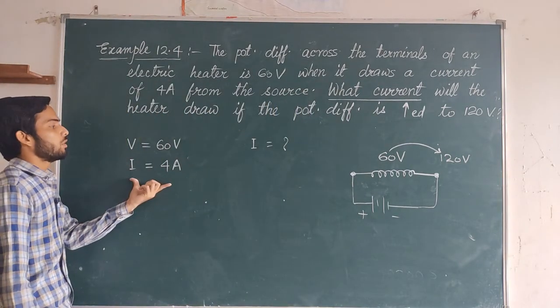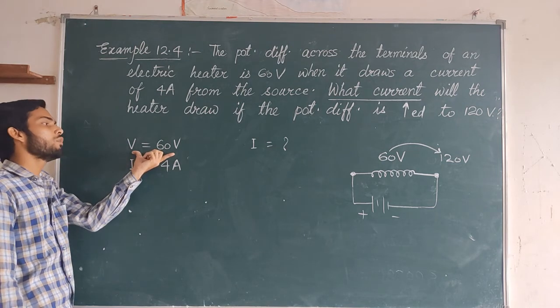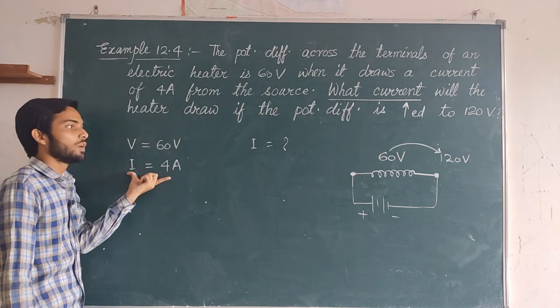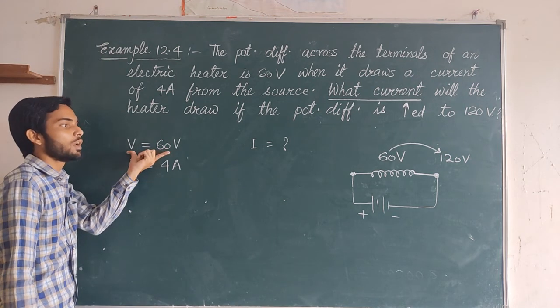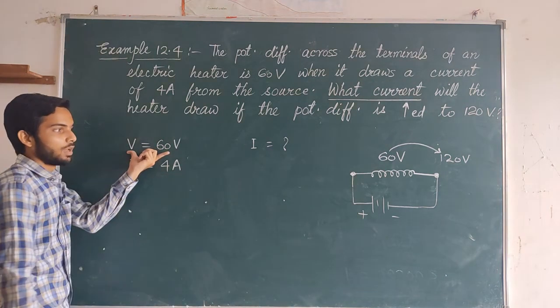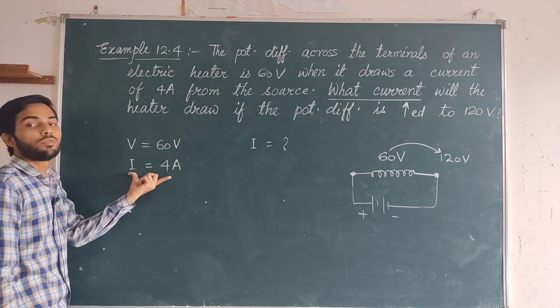So my dear students, look here. We have two values, the value of potential difference and the value of electric current. When the potential difference was 60 volt across the terminals of the heater, the current was 4 ampere.